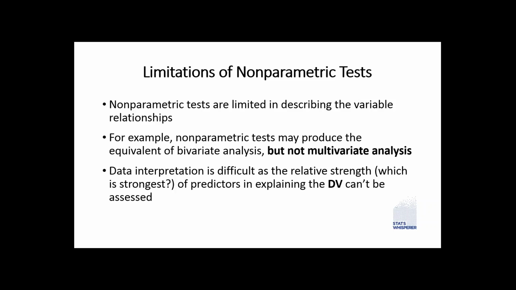We don't have that in the non-parametric testing. So we can't see the strongest predictor among all the predictors. We can only see what bivariate analysis told us, which is what's related to the dependent variable one-on-one. But we can't see which is the strongest predictor. So that's a big limitation, especially in our study.